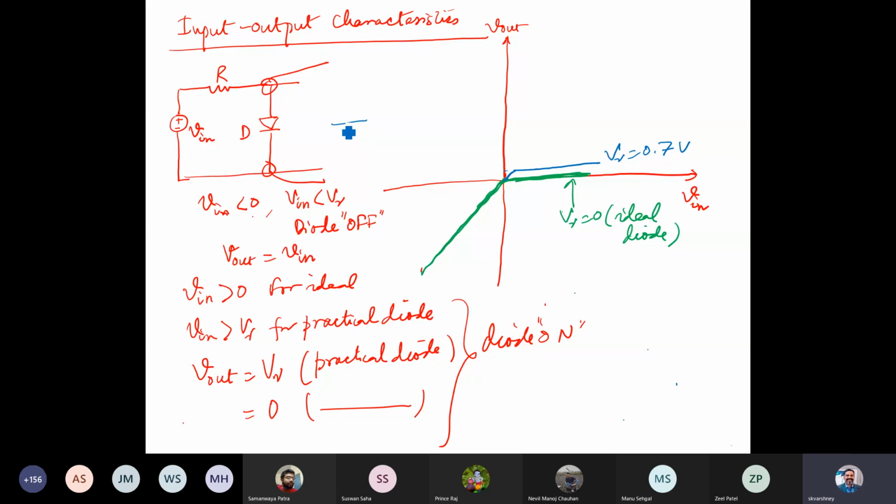So if we have a sinusoidal input signal here, and I ask you to plot the input and output characteristics, and you're measuring the output across a diode, what's going to happen in this case? Can someone try out?